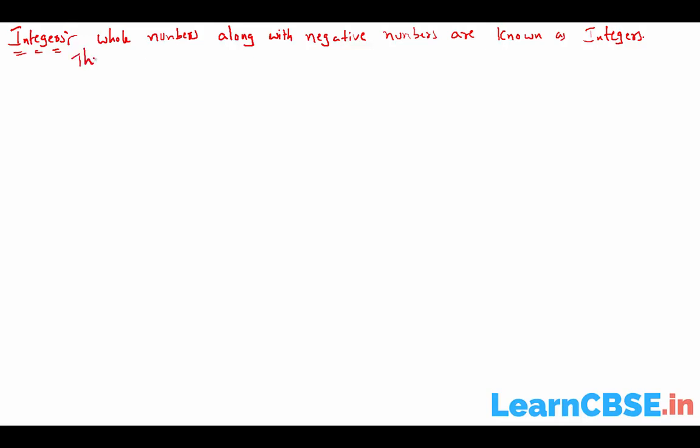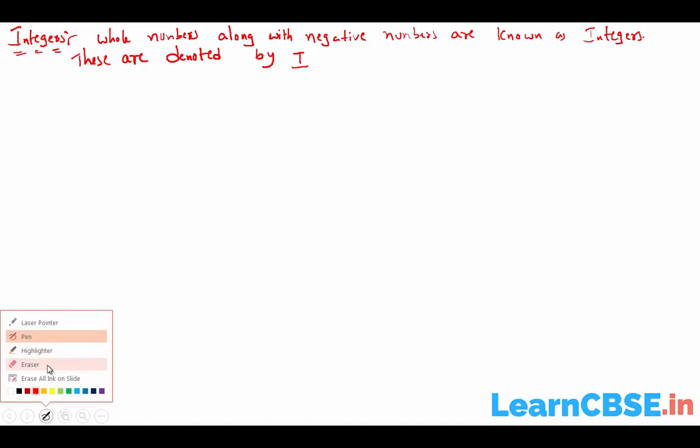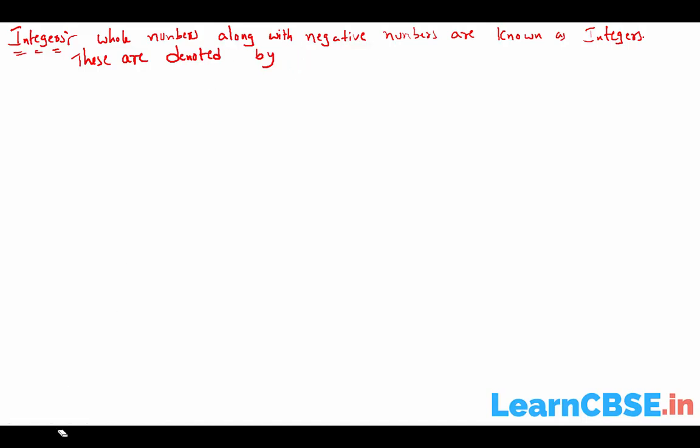These are denoted by, sorry, capital Z. That means we are going to join negative numbers to whole numbers.